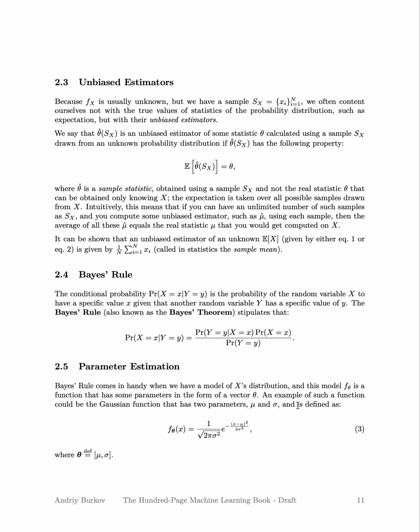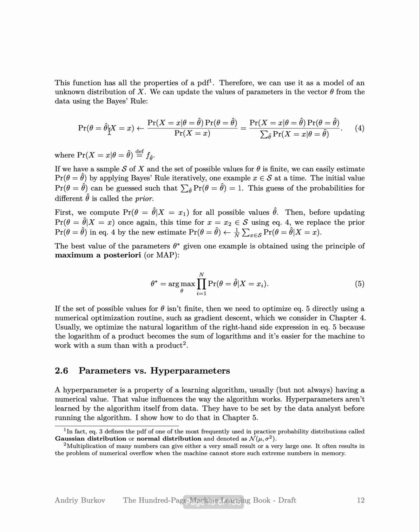Like you will see in neural networks, you need to declare values like alpha, number of layers, etc. When you want to declare these values, you will need to find the optimum parameters, and this is where Bayes' rule comes in handy.